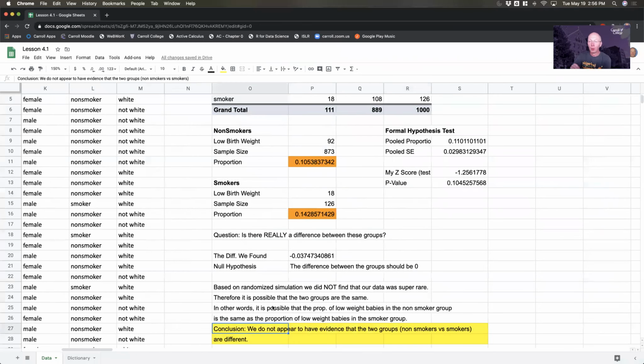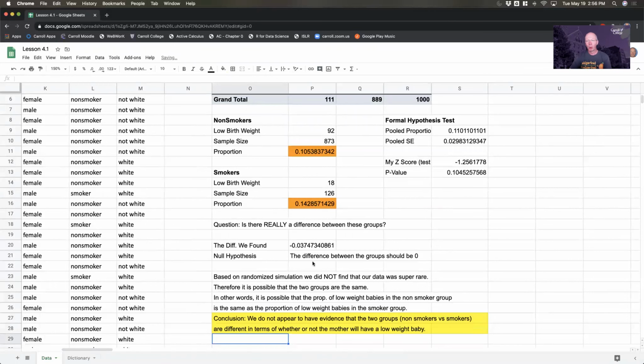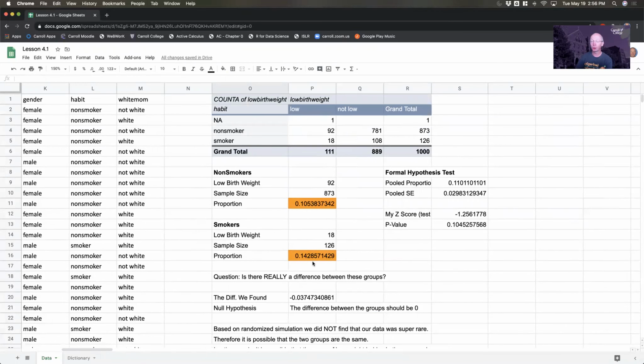This is not less than 5%, so we do not appear to have evidence that the two groups, non-smokers versus smokers, are different in terms of whether or not the mother will have a low-weight baby. Okay, that's all of the mechanics for a two-proportion hypothesis test. Now we're going to go through another one down below, and you're going to actually work through some of these mechanics again.